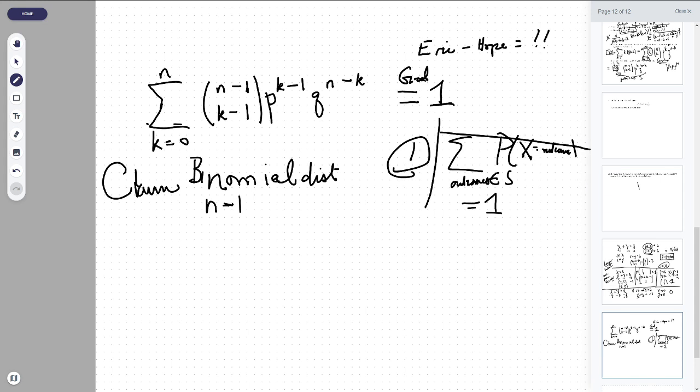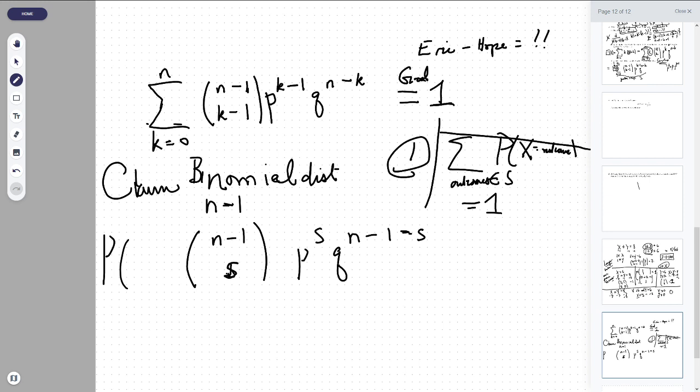So what is the probability of anything given that? We can say it's equal to n minus 1 choose something, p to the something, q to the n minus 1 minus that something. So that's the probability that x is equal to something.